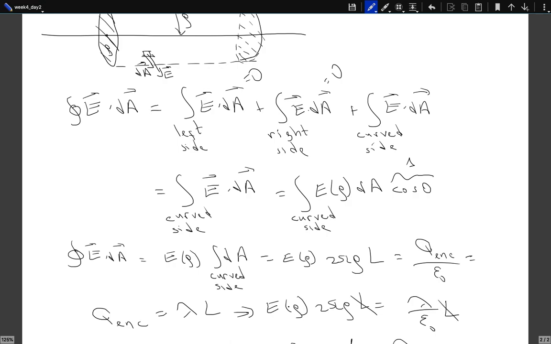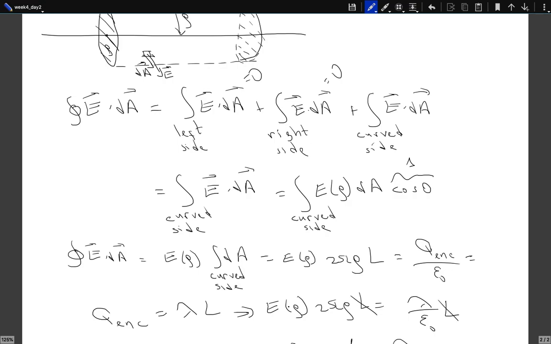So let's see. This is E rho. It depends on rho, but you see, we are evaluating this integral over a surface. I'm not evaluating that integral over all of my volume. I'm only on the curved surface. I take very small patches, and on those small patches, I evaluate the magnitude of the electric field, multiply it by the area of that patch, and sum them up.